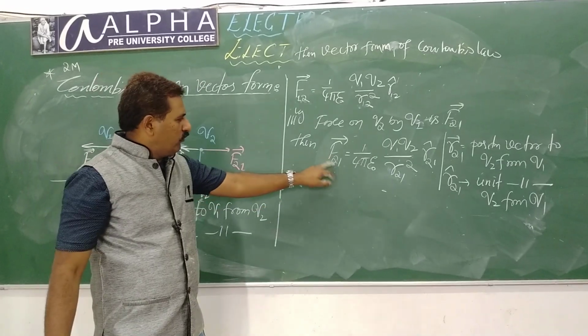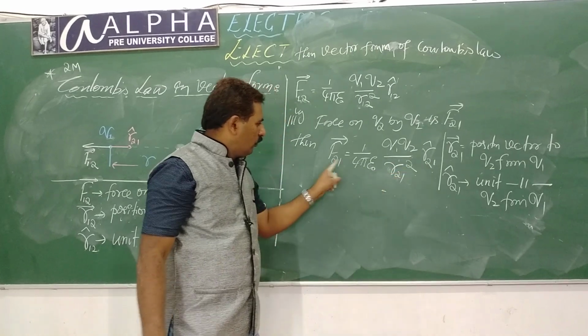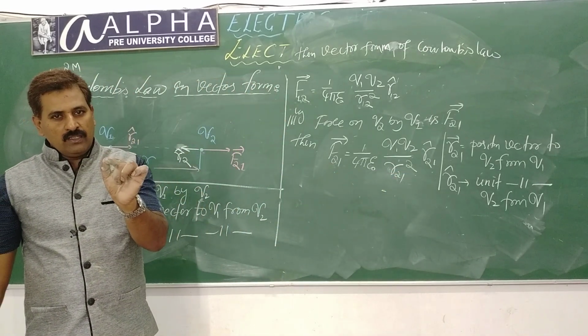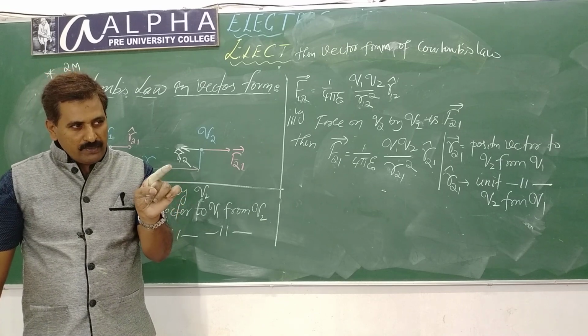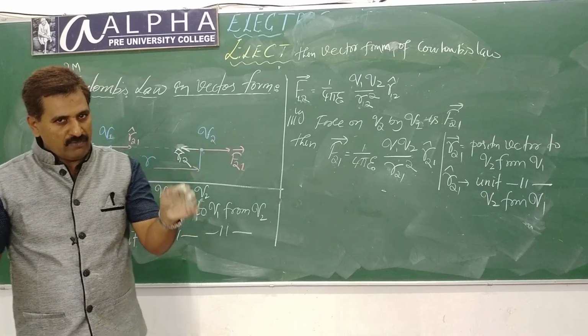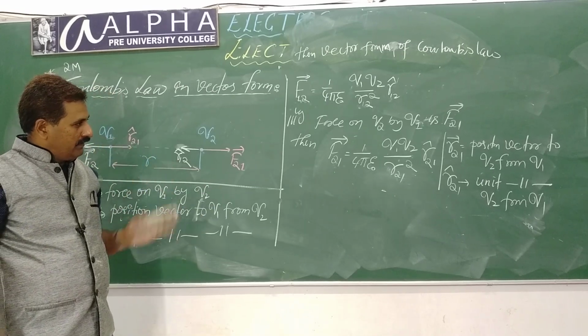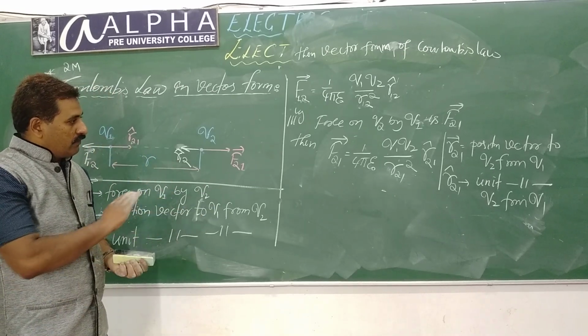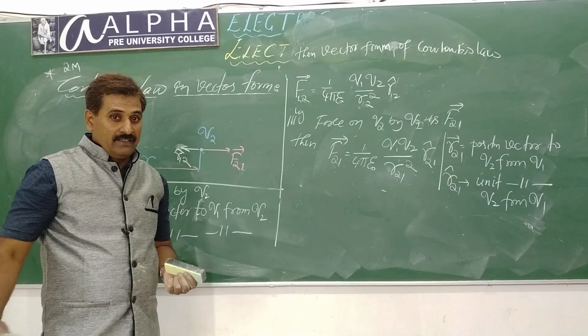Here F21 is 1 over 4 pi epsilon Q1 Q2 by r21 square with r21 cap. 21 means force on 2 by 1. R21 means position vector to the second charge from the first charge. That's it. This is how we have to understand. It's a very important thing. You just follow this. The rest of the discussions we will see in the next class.